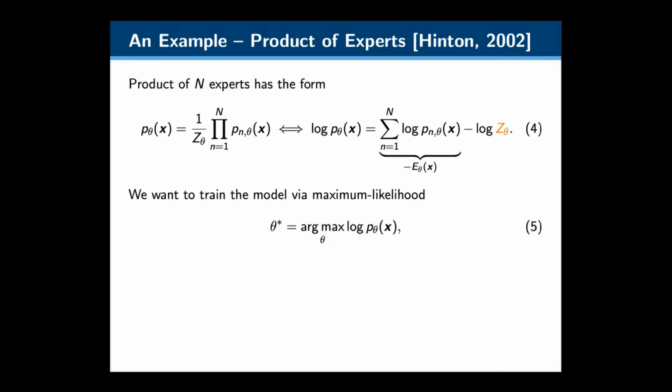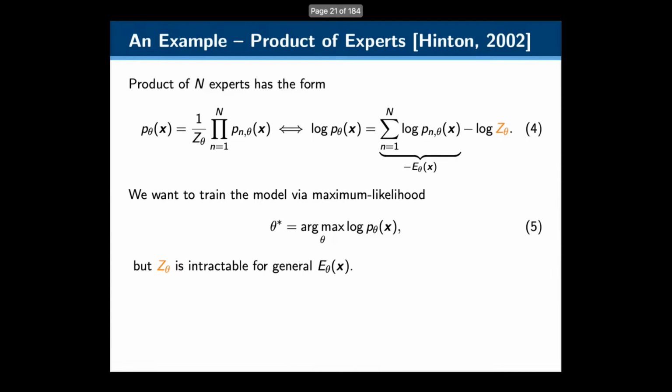What we would like ideally is to train the model via maximum likelihood. But unfortunately, that's not possible. If we plug equation 4 into 5, then because log of z of theta is intractable, you can't do the argmax. You can't even take gradients tractably through it.